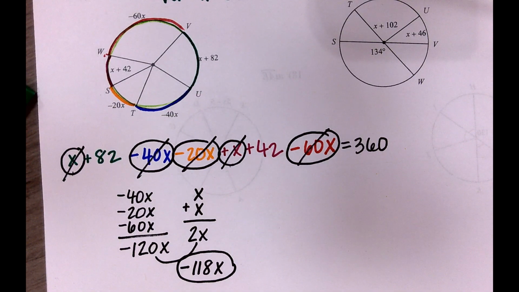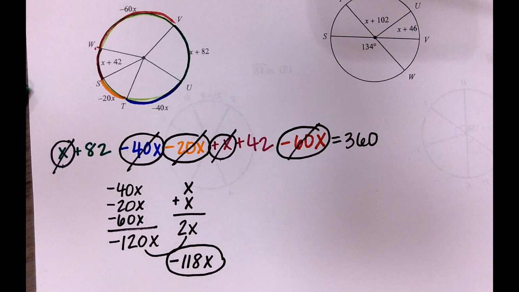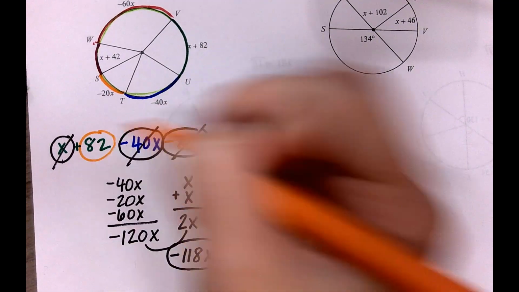So I combined my x's. What other like terms do I have? 82 and 42. Let's add those together.